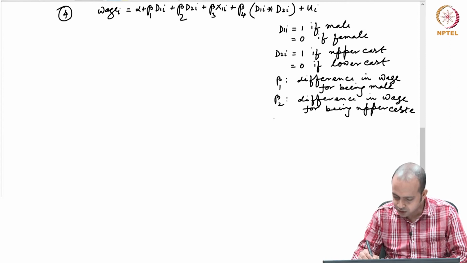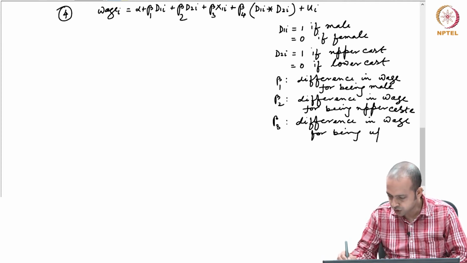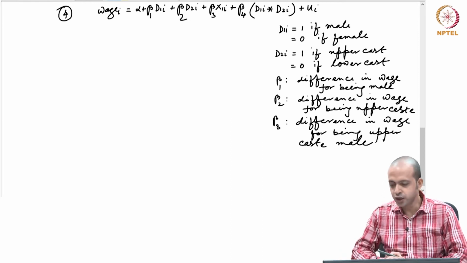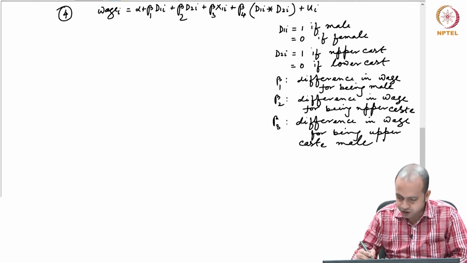Then what is beta 3? Beta 3 indicates difference in wage for being upper caste male. And, sorry, this is not beta 3, this is beta 4.